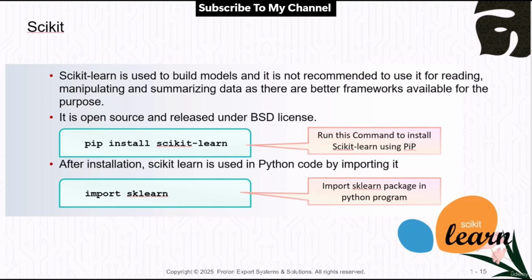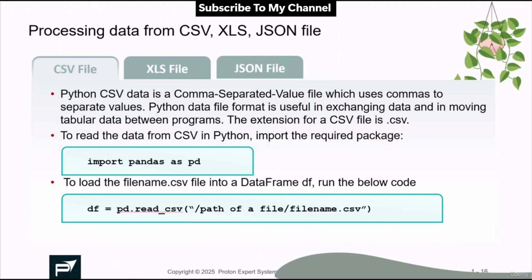Processing data from CSV, XLS, JSON files. Let's see how to process data from a CSV file. A CSV file is a comma separated value file which uses commas to separate values. The CSV file format is useful in exchanging data and in moving tabular data between programs.